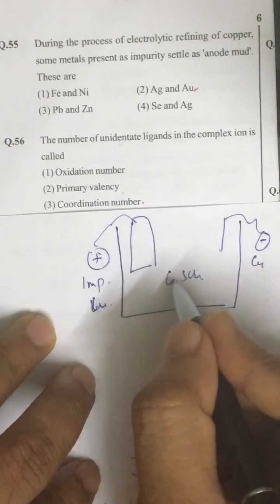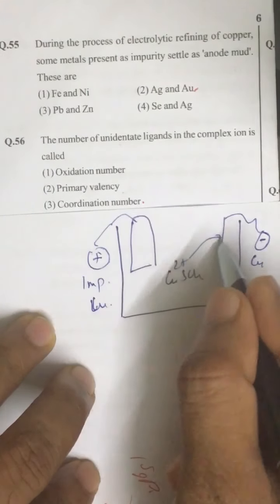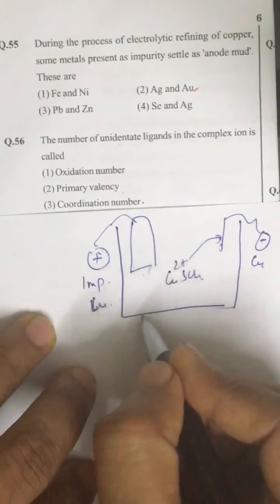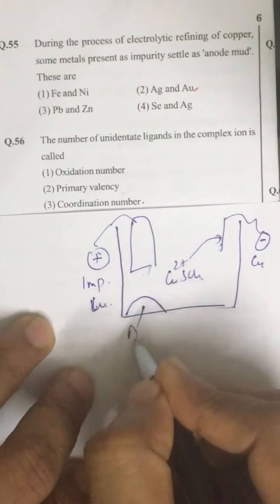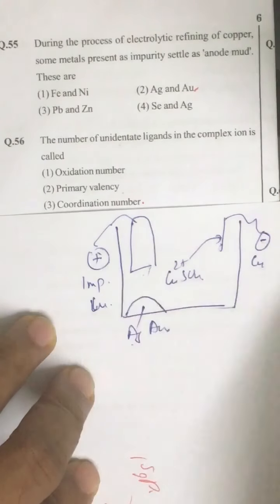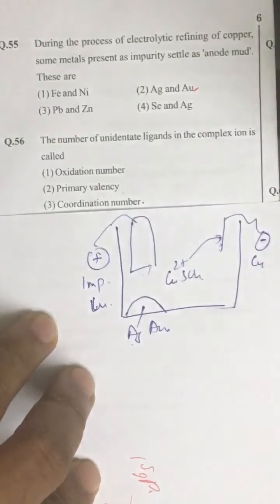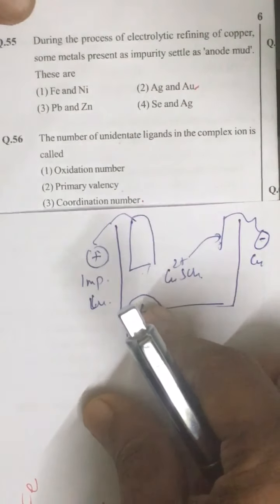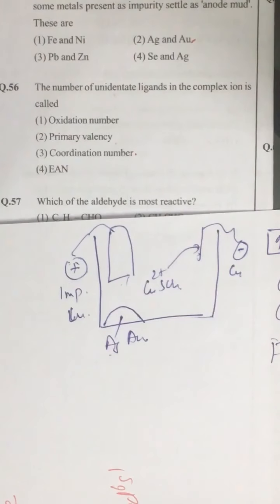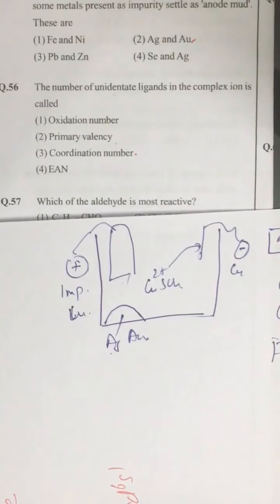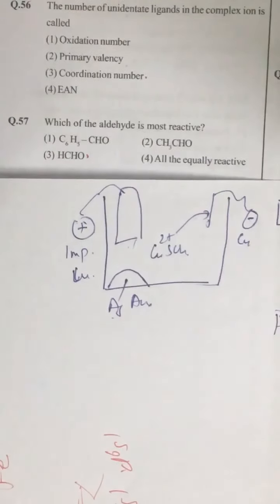So when electrolysis takes place, Cu2+ gets deposited at the cathode and under the anode some less reactive metals like silver, gold, etc. get accumulated. So the correct answer is the second option. The number of unidentate ligands in the complex is called the coordination number. The number of coordinate bonds between ligand and central metal is called coordination number.